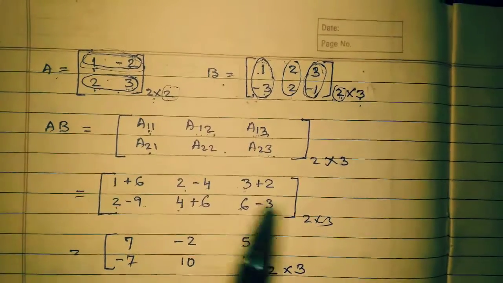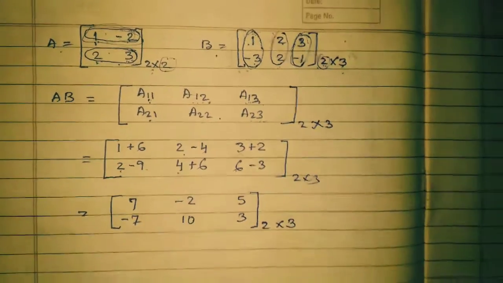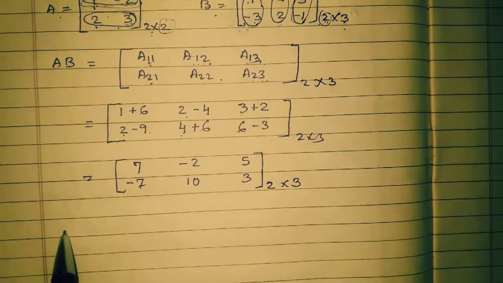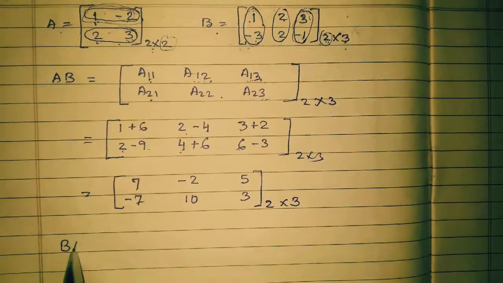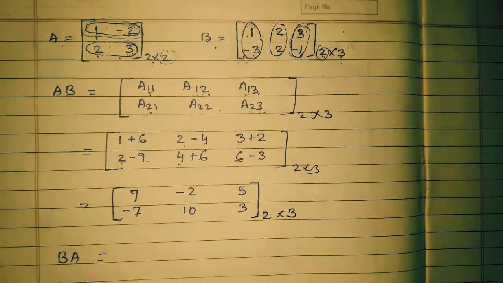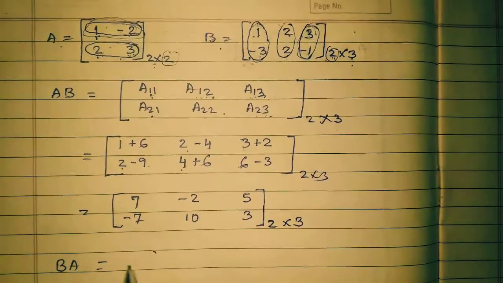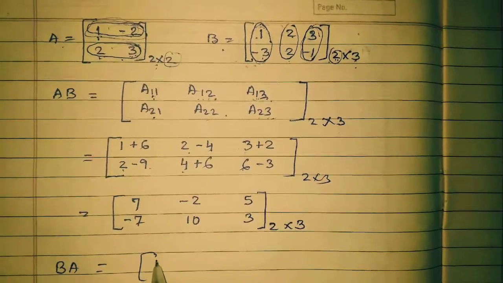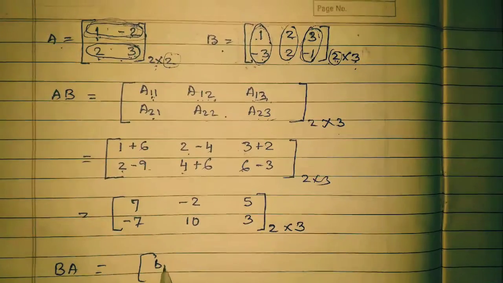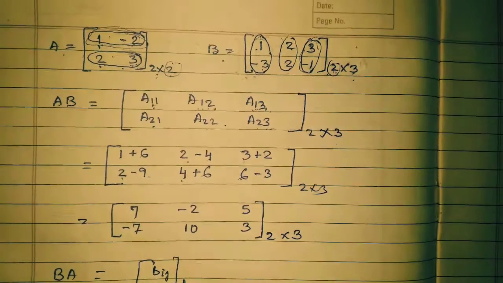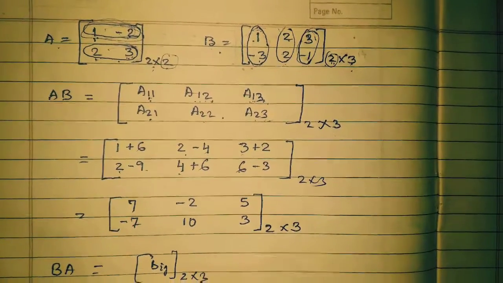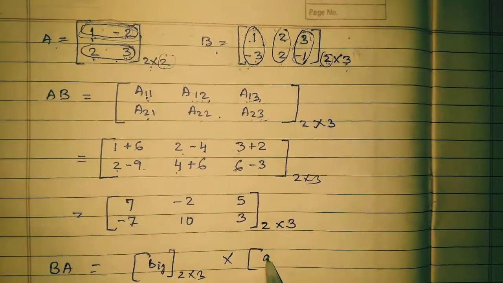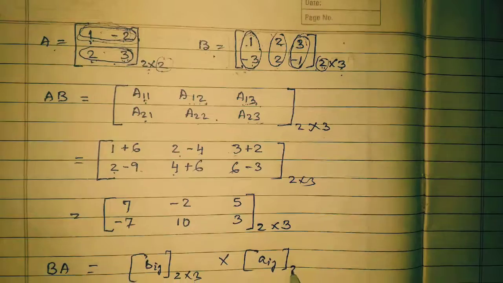Here A into B exists, but we'll check whether B into A also exists or not. We'll find out B into A. What is the order of B? The order of matrix B is 2 into 3, and the order of A is 2 into 2.